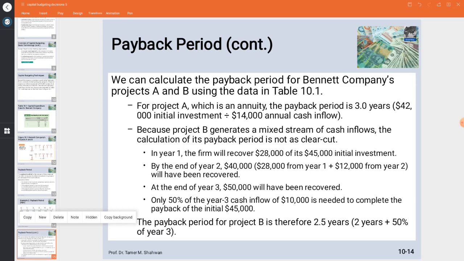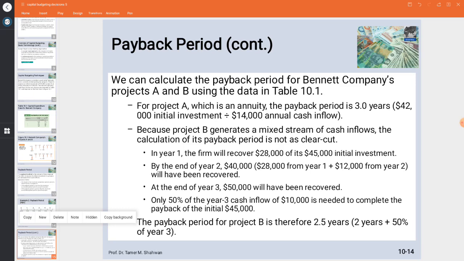But this is not the case in project B. Why? Because in project B we are going to have a mixed stream of cash flows. For example, by the end of the first year we are going to receive 28,000 out of 45,000. By the end of the second year we are going to have an additional 12,000.